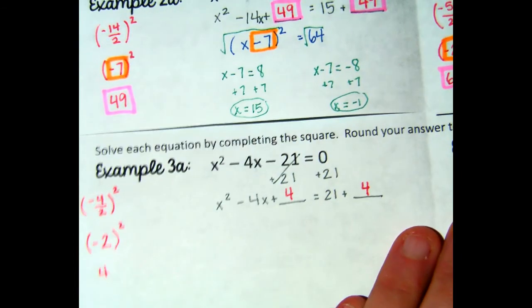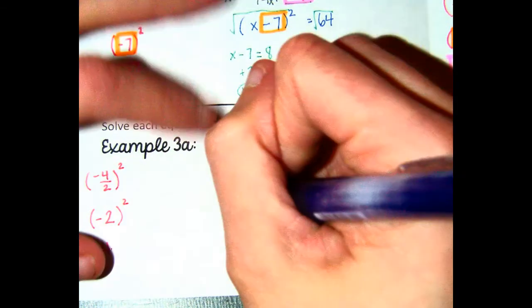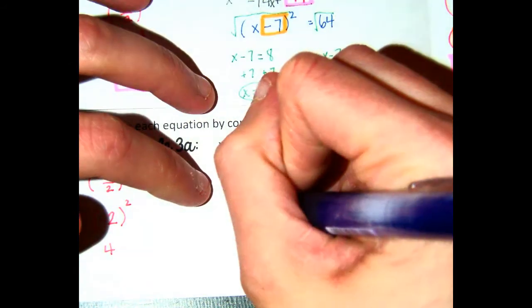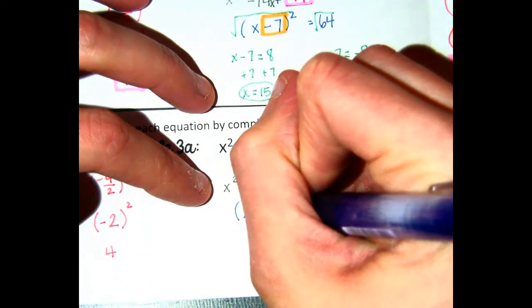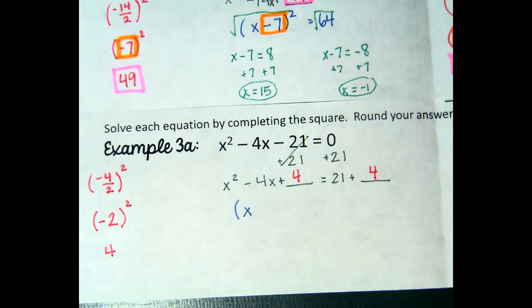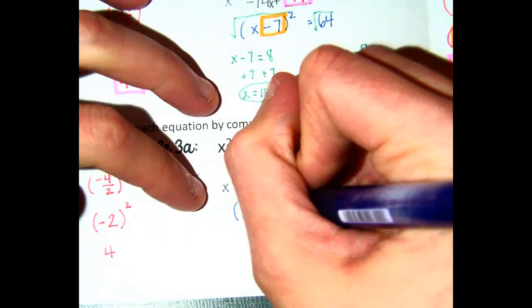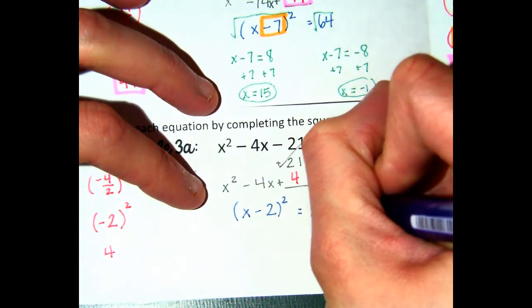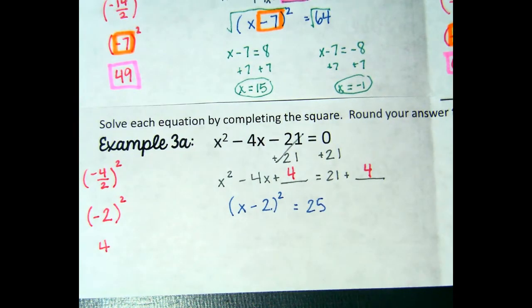My number is in the blanks. What do I do? The perfect binomial. So how do I write that? x minus 2 squared equals 25. Where did 25 come from? 21 plus 4.